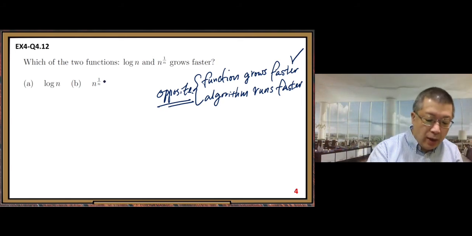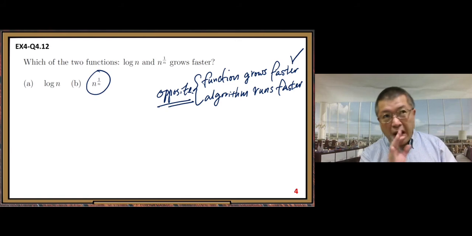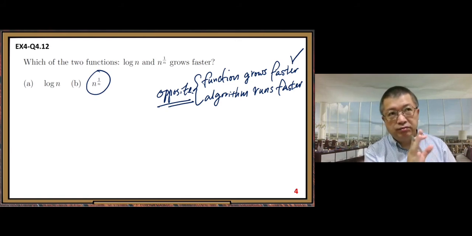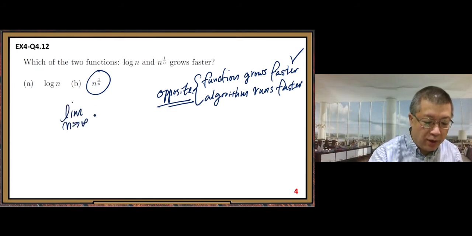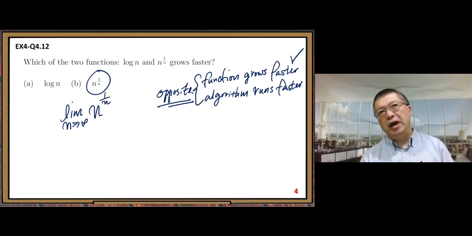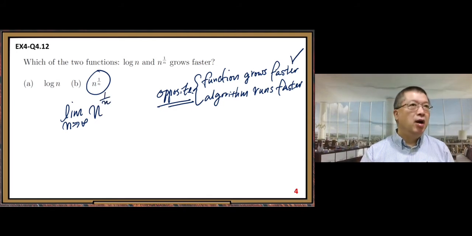First, this function is relatively harder to see how fast it grows, because we would like to see the limit of n to the 1 over n.